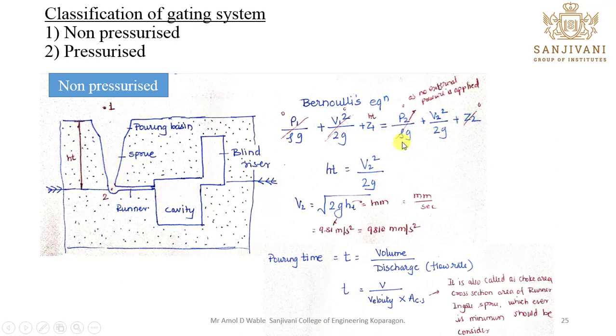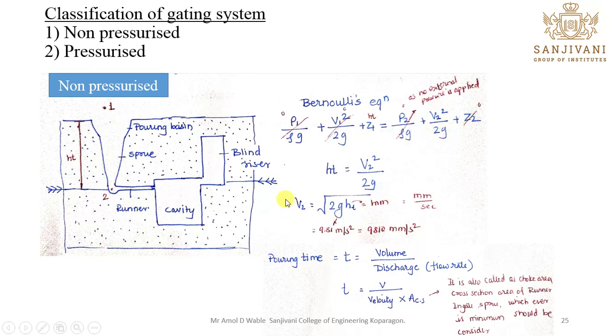Now in this case, P is the pressure, rho is the density, and V is the velocity.